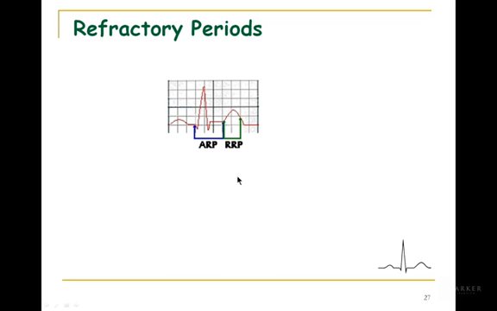Okay? The absolute refractory period is much longer in cardiac muscle than it is in skeletal muscle, which is going to be real important. Now, the relative refractory period in cardiac muscle is a period of time that starts from the beginning of the T to about three-quarters of the way into the T wave. If you apply a stimulus to the cardiac muscle again, you could get it to fire again, but it's got to be much stronger than normal.